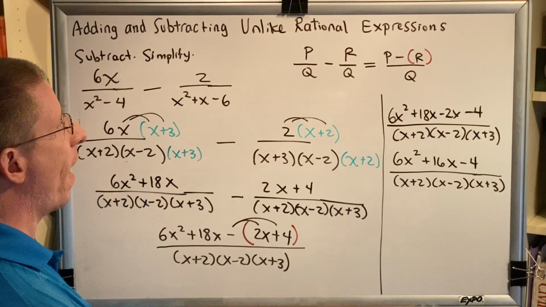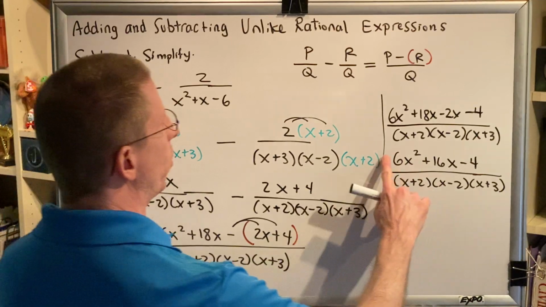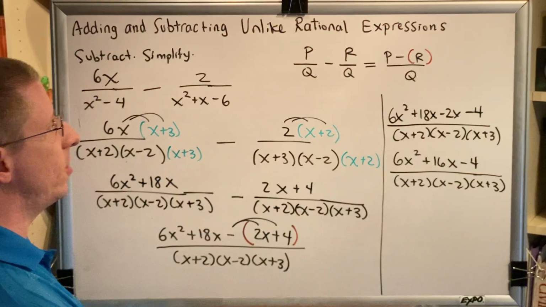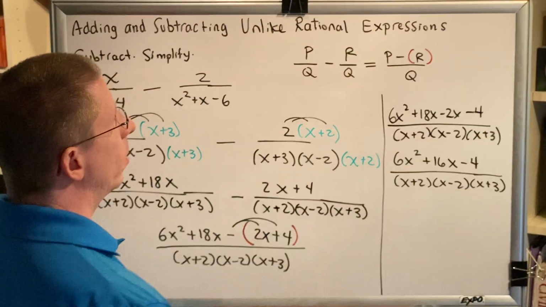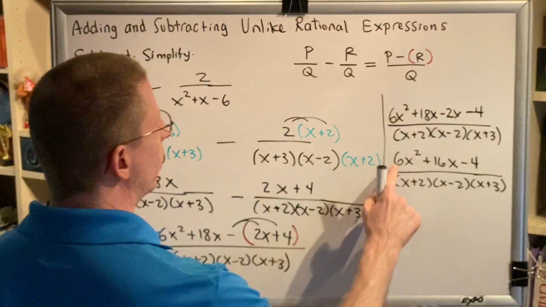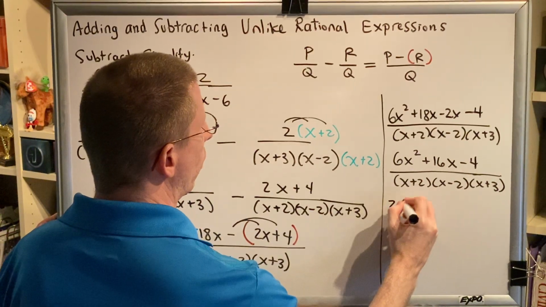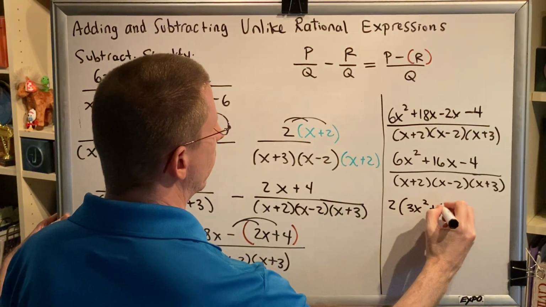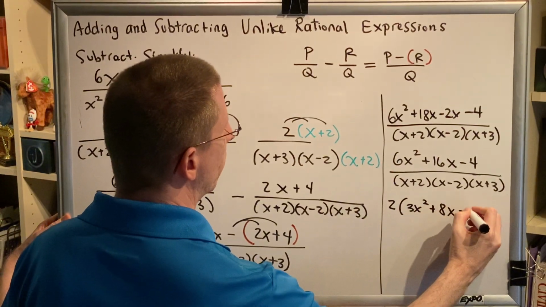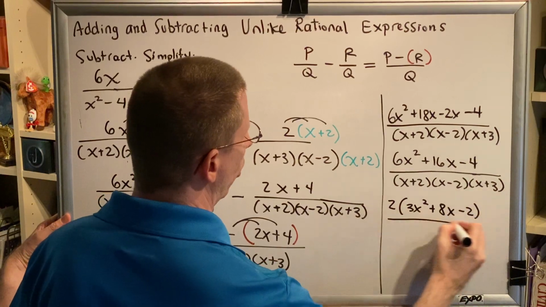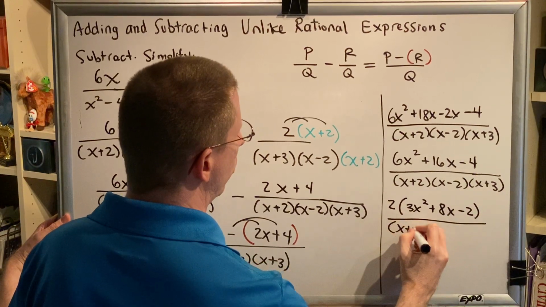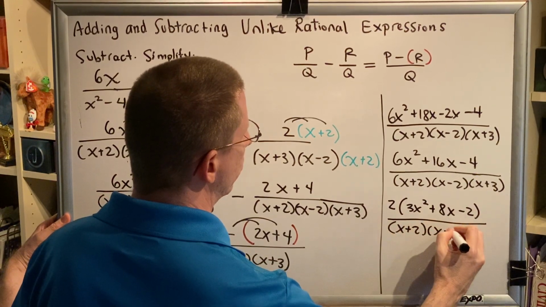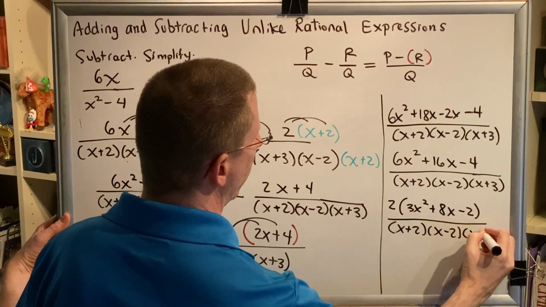The three steps of factoring are descending order, which this is already in, GCF, which is 2, and then counting our terms. Let's take out the 2. So from the numerator, if you divide everything by 2, you'll have 3x squared plus 8x minus 2 over x plus 2, x minus 2, x plus 3.